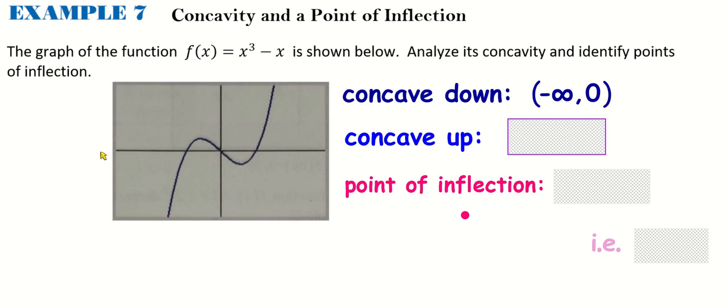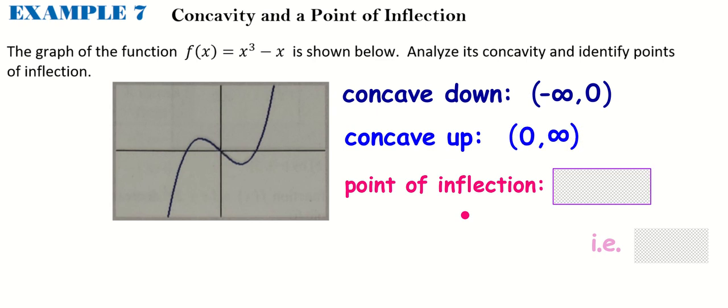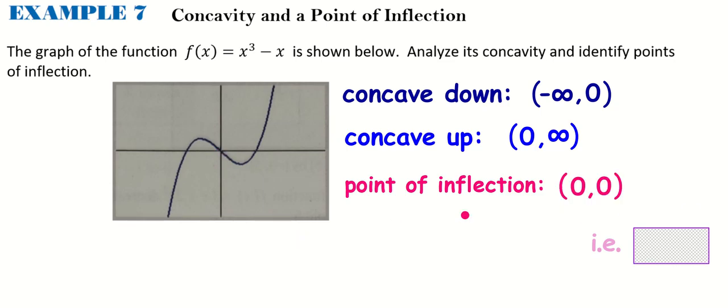So from negative infinity to 0, we're concave down, and then we are concave up from 0 to infinity. And the point of inflection, as best you can tell on this basic graph, would be 0, 0. Okay?